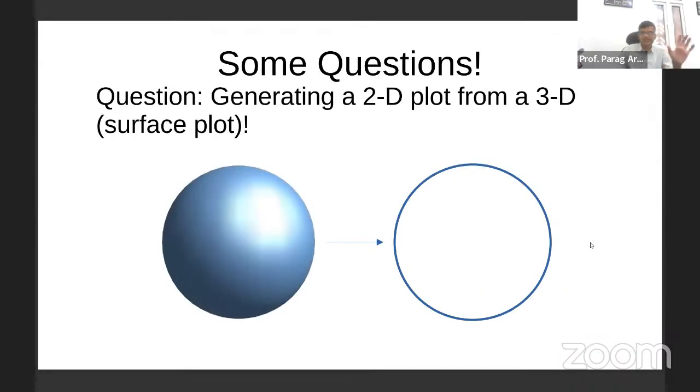On the left hand side, you see a sphere, a representation of a sphere. If you want the two-dimensional information from a sphere, going from the left side to the right hand side, how exactly does it happen? Well, you don't actually get the same two-dimensional circle which you see here.